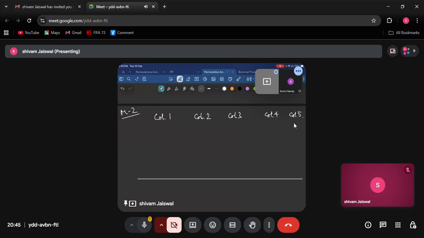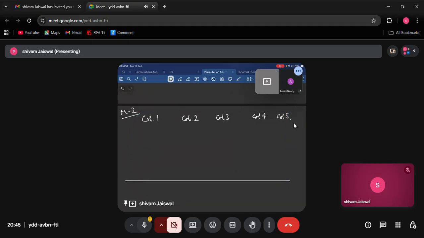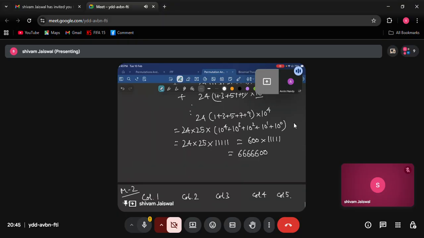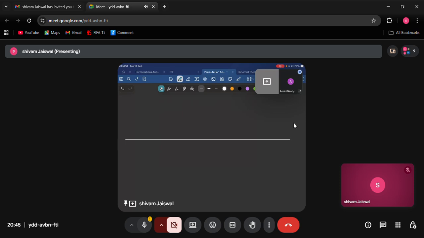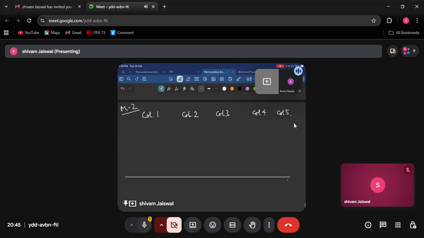So tell me, what is the sum of all the numbers in column 5? What is the sum of all the numbers in one column? 600. So 0 over here, 60 carry over.